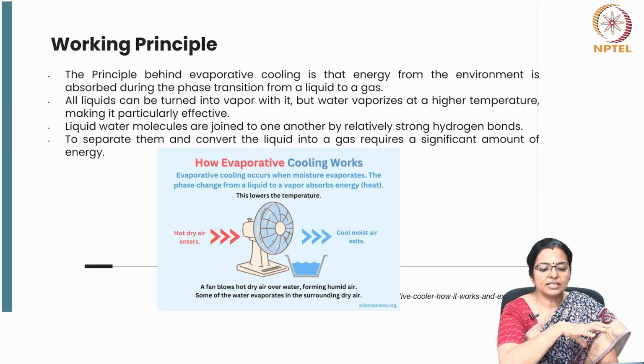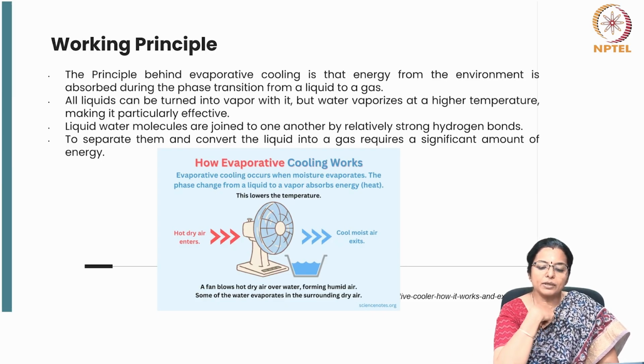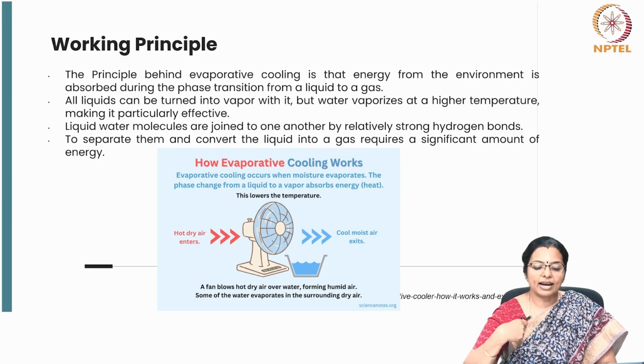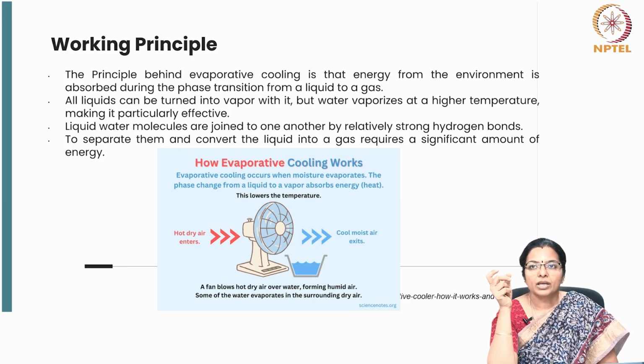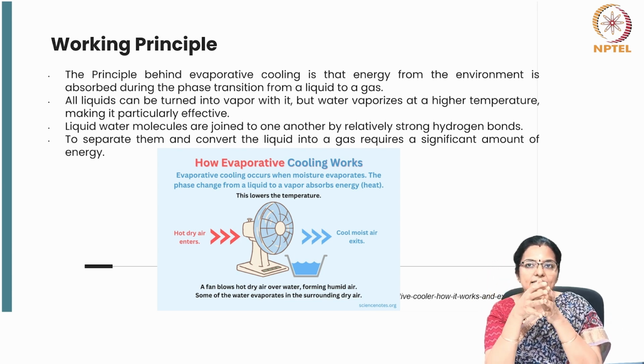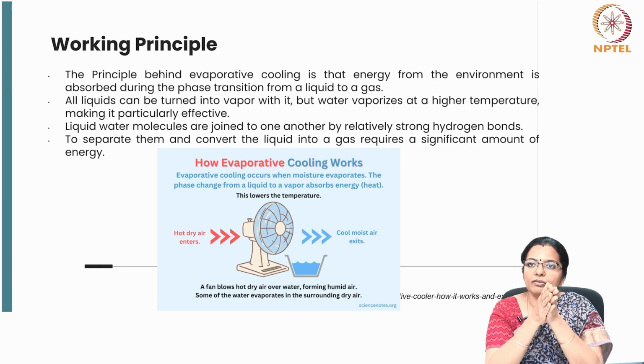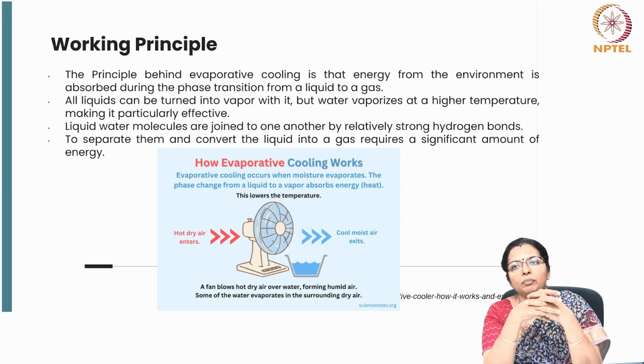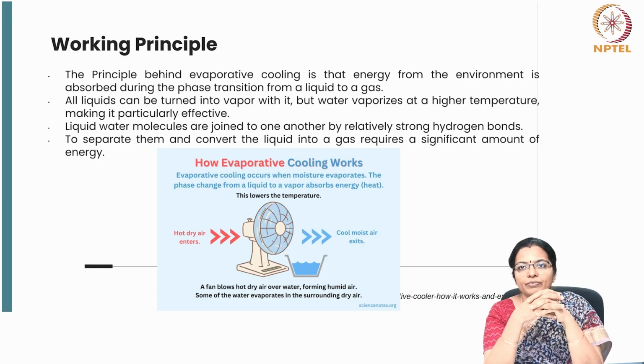Now the principle is very simple. The principle behind evaporative cooling is that energy from the environment is absorbed during the phase transition from a liquid to a gas. All liquids can be turned into vapor with it, but water vaporizes at a higher temperature, making it particularly effective.